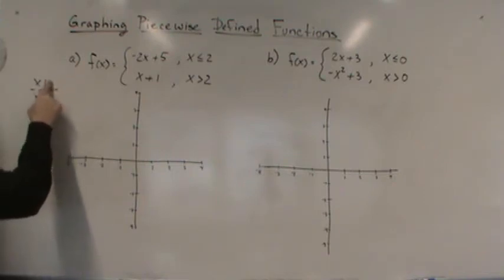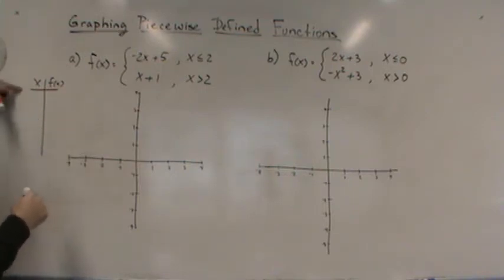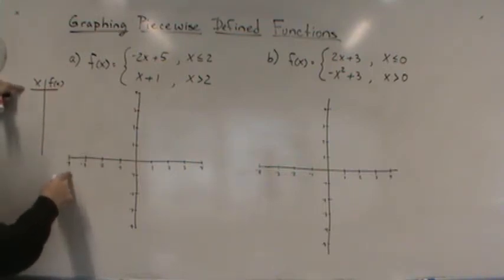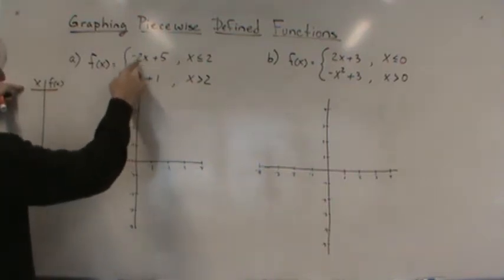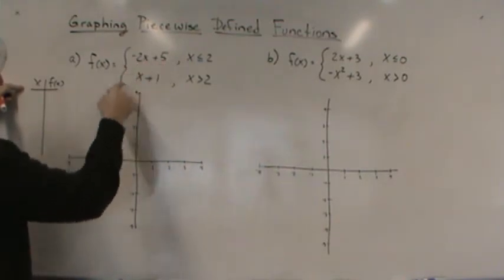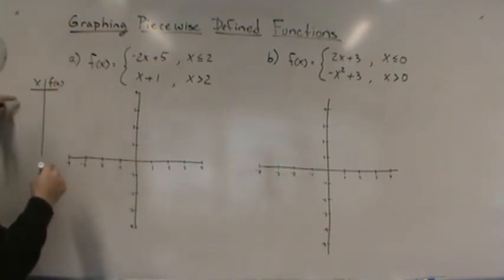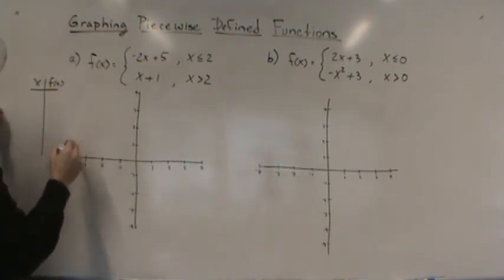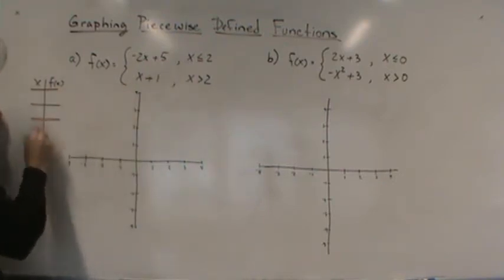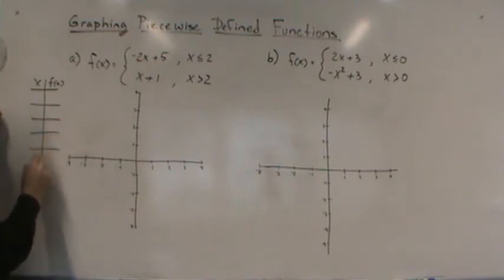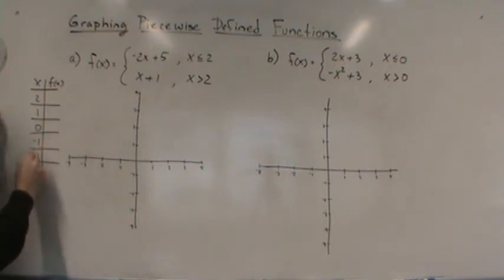When x is -4, I get -8 plus 5, so that's going to be way up here, so I don't want that one. Let's just start at 2 and see what happens, and then go to the left: 2, 1, 0, -1, -2.